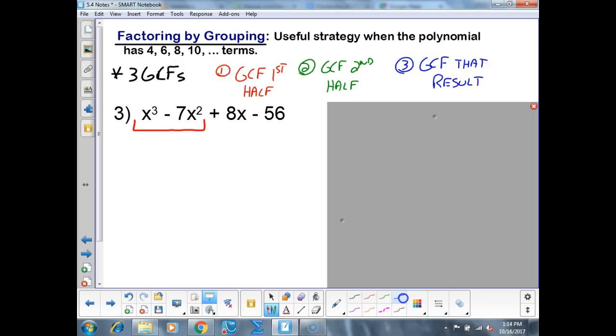What's left over? X minus 7. Then I look at the second half, and I need to GCF the second half. So now I'm looking at 8x minus 56. Is there a GCF in 8x minus 56? 8. What's left over?